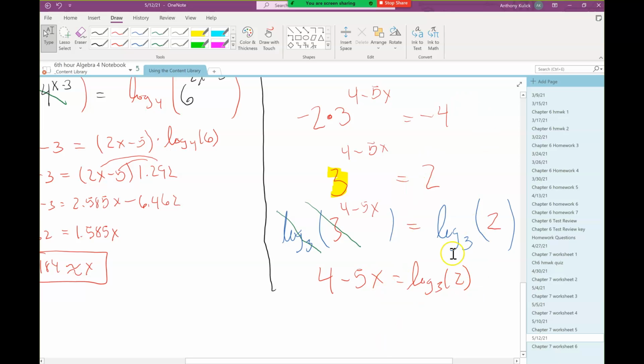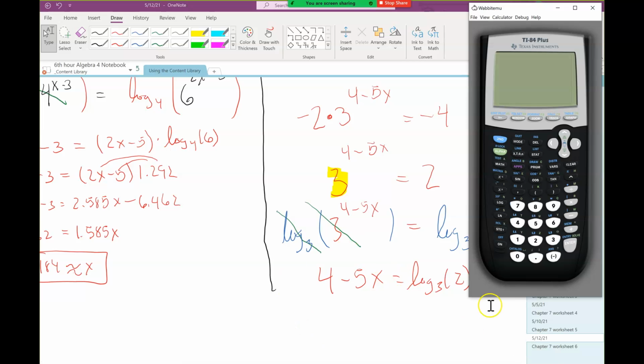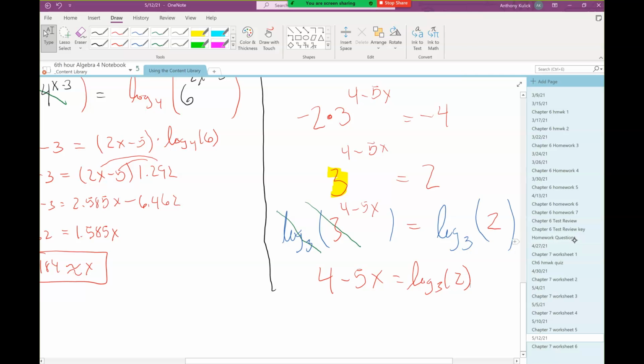And now we know log base 3 of 2, that's just a number. It's a crummy decimal, but it's something we could type into our calculator. So let's go ahead and do that. So 0.631.